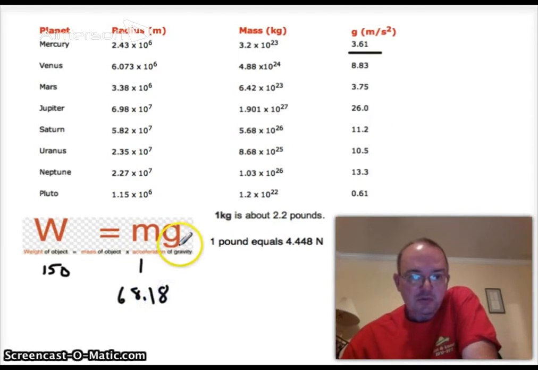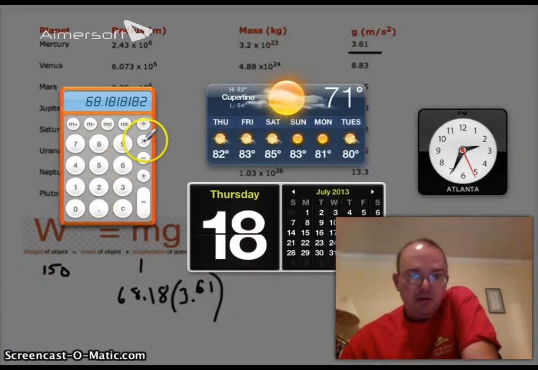And the gravitational pull here would be 9.8, but on Mercury it would be 3.61. So you're multiplying 68.18 times 3.61, and let's see what that turns out to be. That'd be 246 newtons.